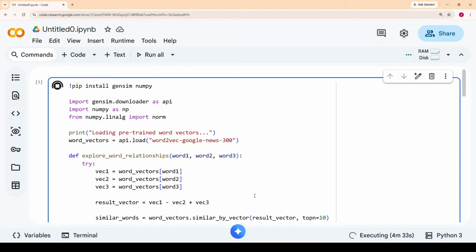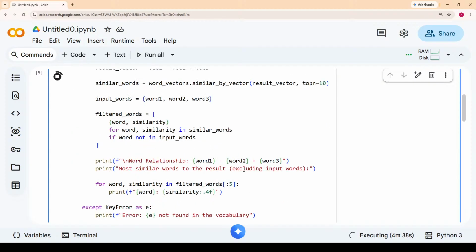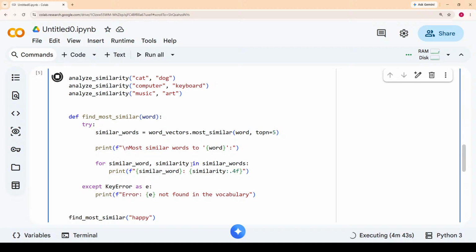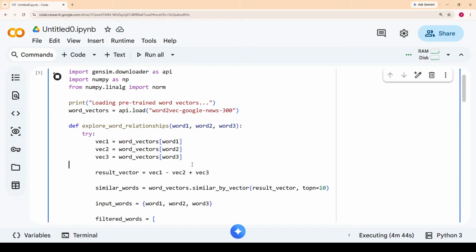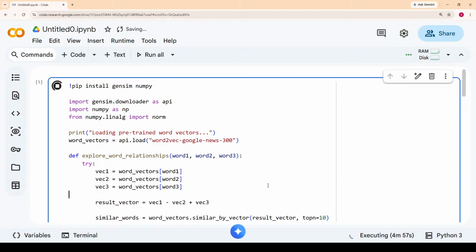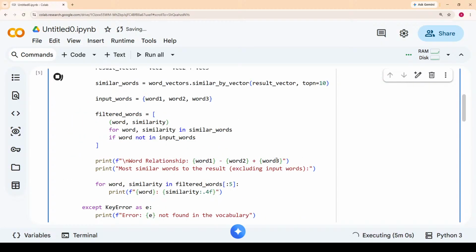Next, in the previous session I said king minus man plus woman. We have used word 1 minus word 2 plus word 3.